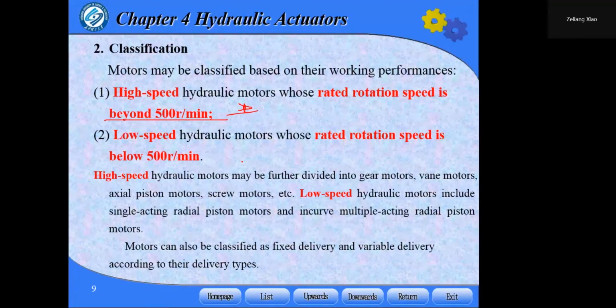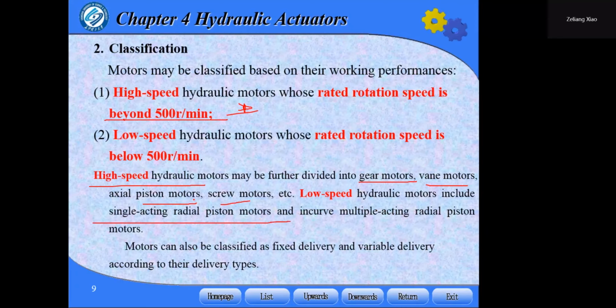High-speed hydraulic motors may be further divided into gear motors, vane motors, axial piston motors, and so on. Low-speed hydraulic motors include single-acting radial piston motors and multiple-acting radial piston motors.